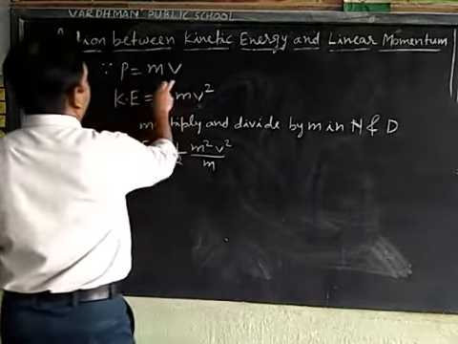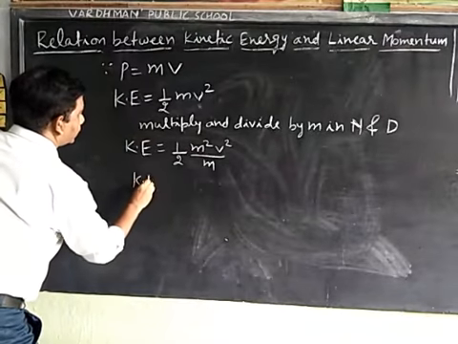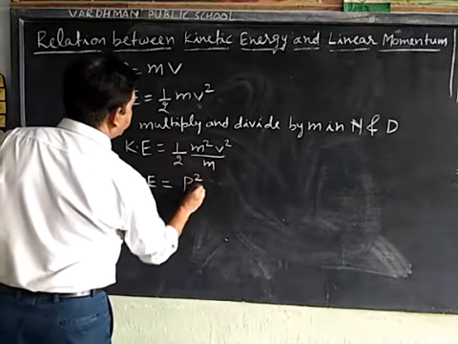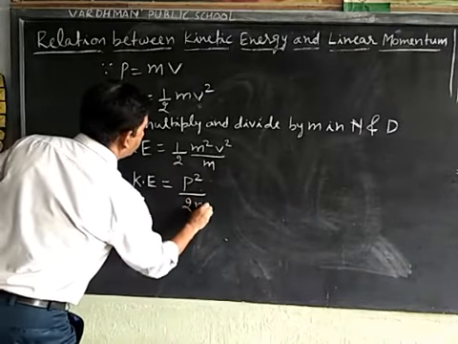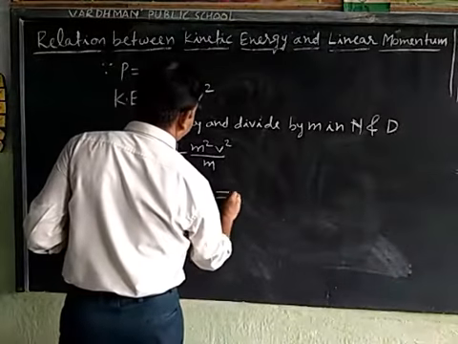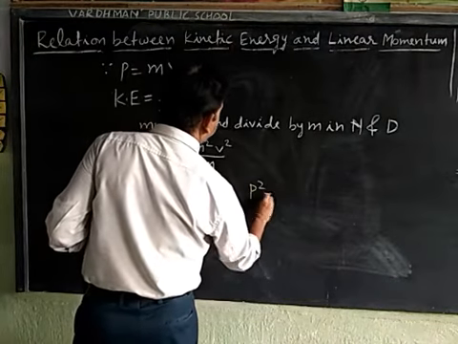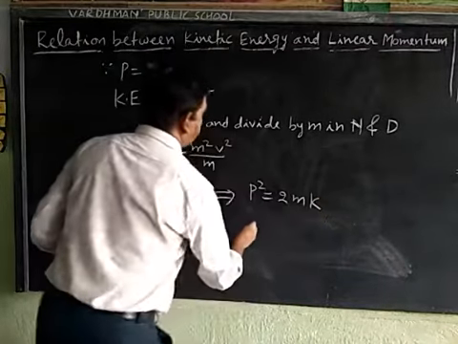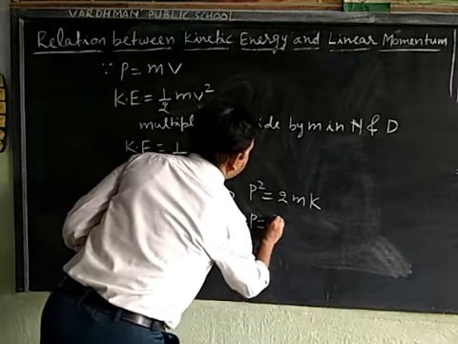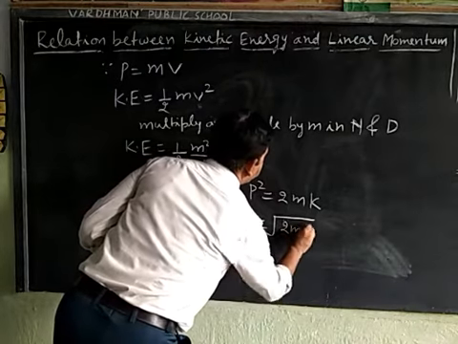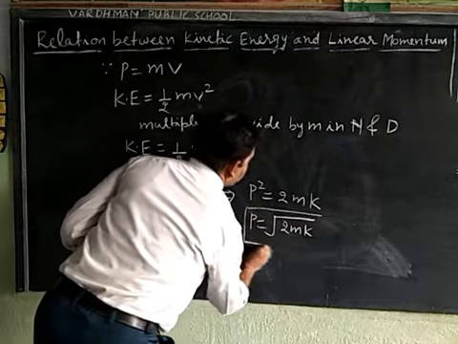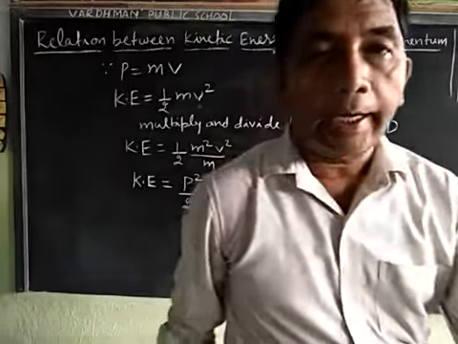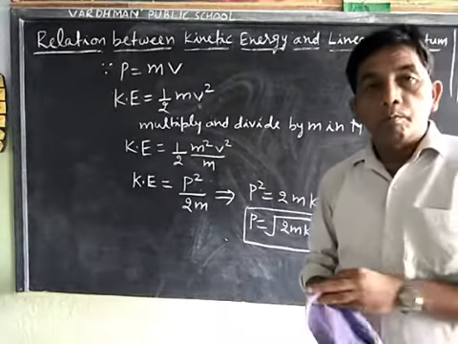Since P is equal to mv, therefore kinetic energy is equal to P square upon 2m. This implies P square is equal to 2m into kinetic energy. Therefore P is equal to under root 2mK. This is a very important relation between kinetic energy and momentum.